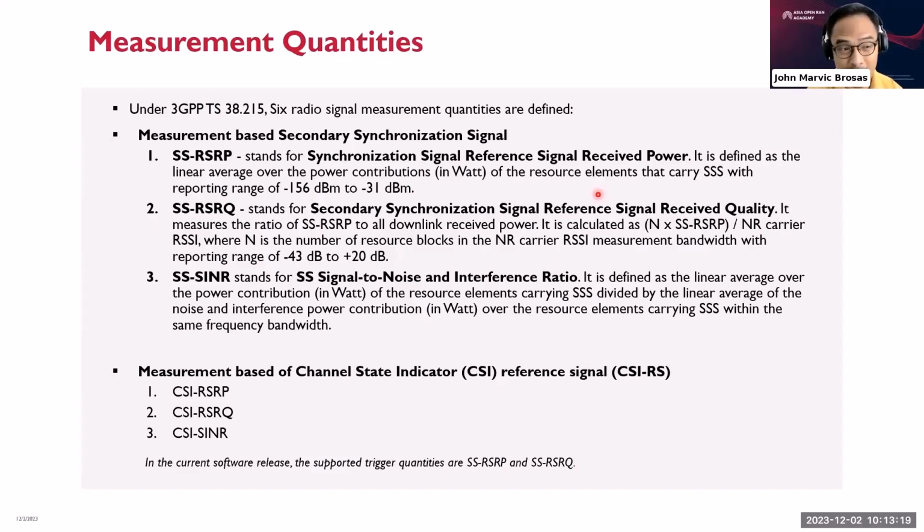Wala ka bang ibang kinikita? Okay? So RSRQ is the reference signal received quality. Masaya ka pa ba? Masaya pa ba yung UE mo? So hindi ba ako choppy na sa'yo? Parang ganyan. And then the signal to noise interference ratio is, mayroon bang interference? May iba bang third party? Parang ganon.